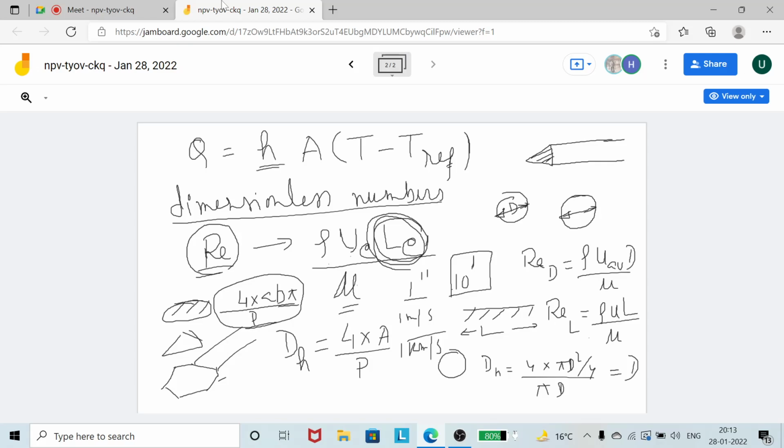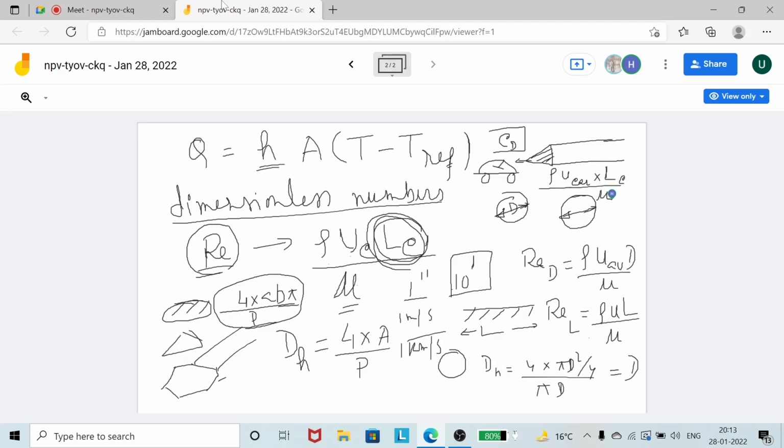Say for example, you are simulating a car. Suppose there is a car like this, and you want to find out its drag coefficient CD. So you have to test it in a wind tunnel, and Reynolds number is rho times velocity of the car times some dimension, some length like the height of the car, divided by viscosity.